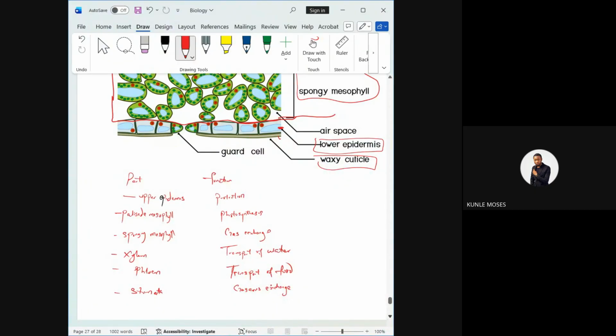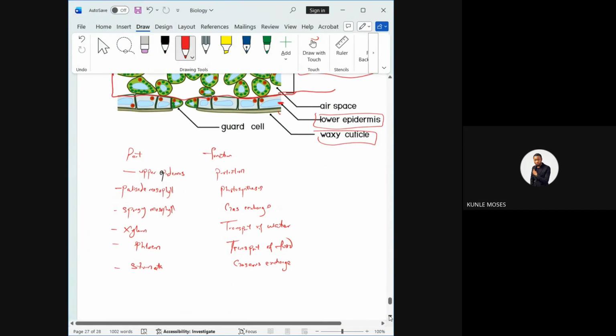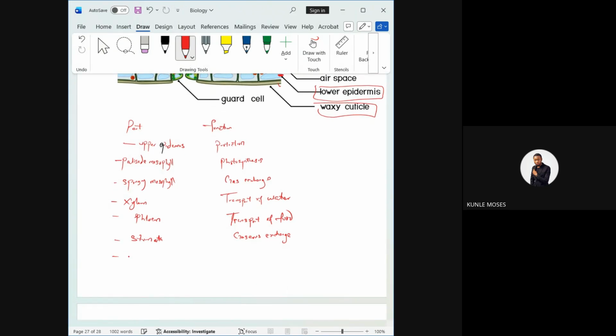What else? Okay, the vasicortical. Let me give you vasicortical. It helps to reduce water loss, and it also helps in protection. In case you see anything, the action is reduce water loss.